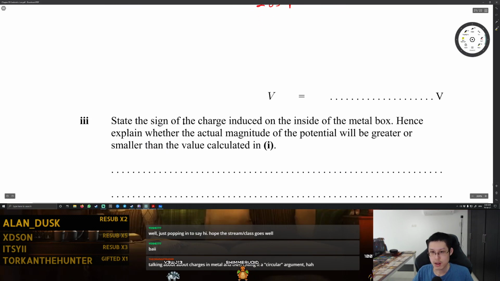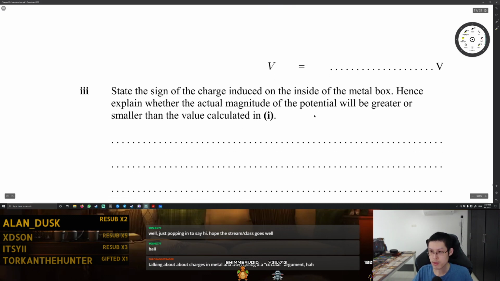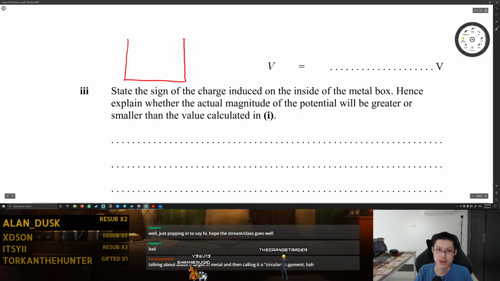Okay, state the sign of the charge induced on the inside of the metal box, hence explain whether the actual magnitude of the potential will be greater or smaller than the value calculated in 1. So I'm just going to briefly draw the metal box here. So you can see that this is the positive charge, right?